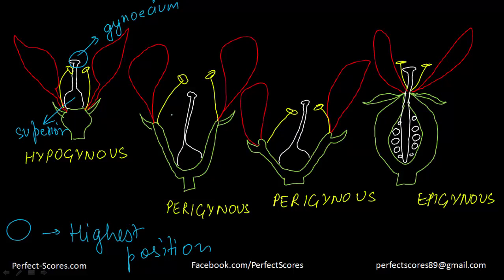And if the gynoecium is situated in the center and other parts are located on the rim of the thalamus, almost at the same level, that is called perigynous. In this case, the ovary is said to be half superior, half inferior. It is supposed to be located in the center and everything is around the rim.